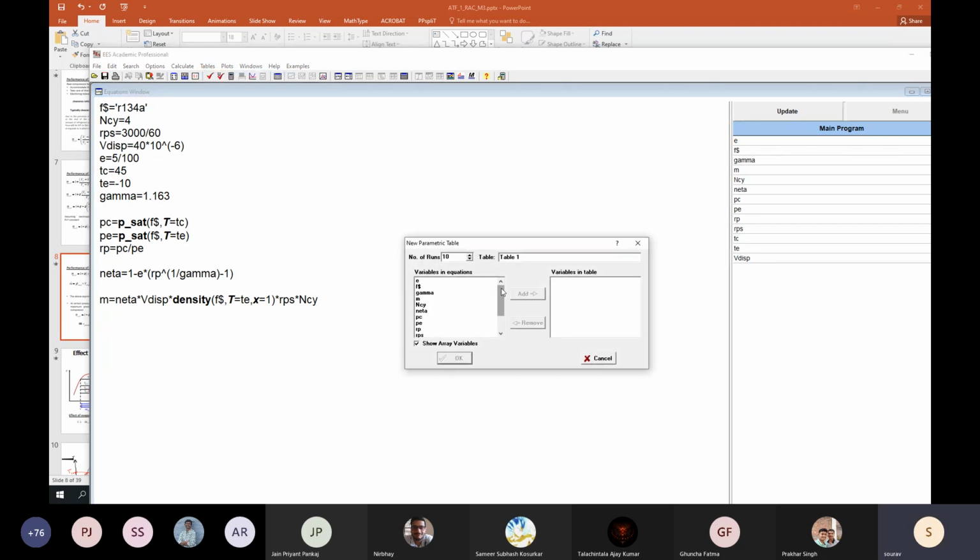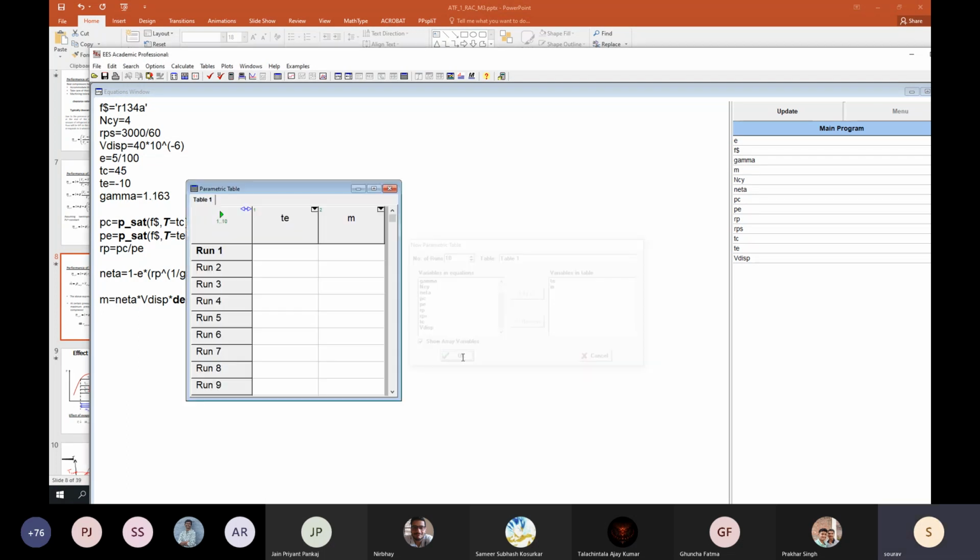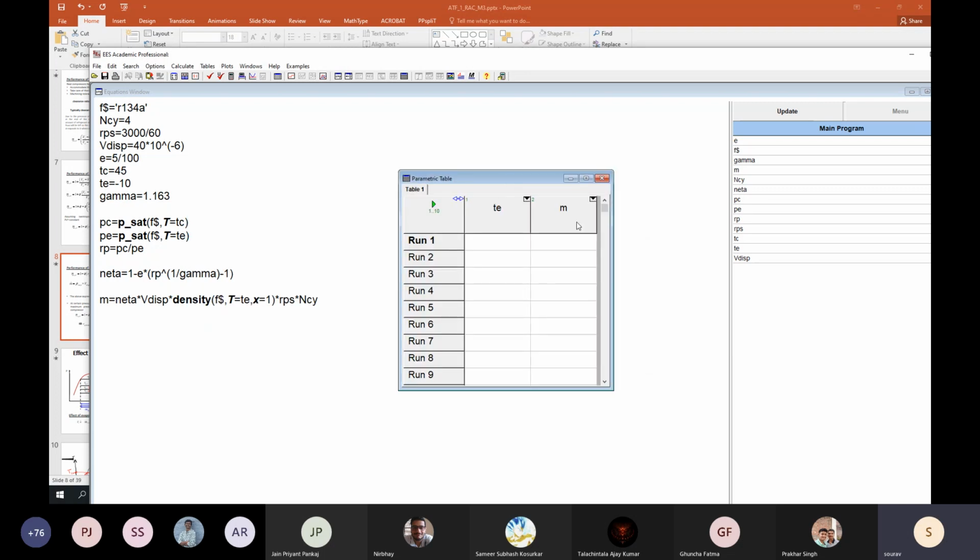And what are the parameters which you want to vary and what is the output? These things have to be specified. So I want to vary the T evaporator. And I also want to check the mass flow rate M. Okay, so let's say I want to see how M varies with T evaporator. So these two are the parameters now. So that's okay. We will get a table here.